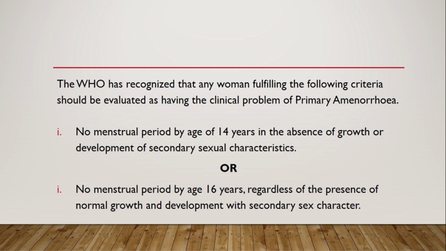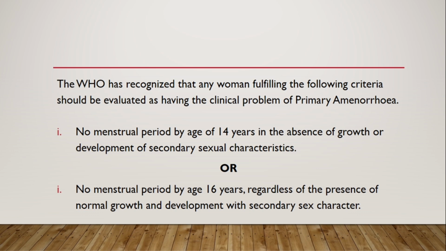Two, no menstrual period by the age of 16 years, regardless of the presence of normal growth and development of secondary sexual characteristics. Because if you look at the age at which our women attain menarche, 16 years and above is more than two standard deviations from the mean.